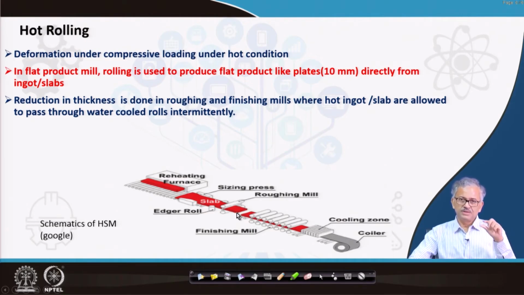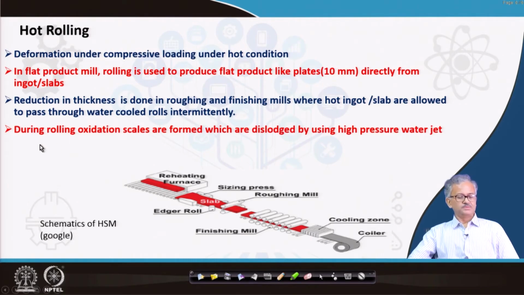Say here it is roughing mill up to 50 millimeter, and then 10 millimeter comes from the finishing mills. In the finishing mills you finally get the desired thickness, and these rolls are all water cooled, and then it is cooled, and this is the coiler through which you can coil the sheet.